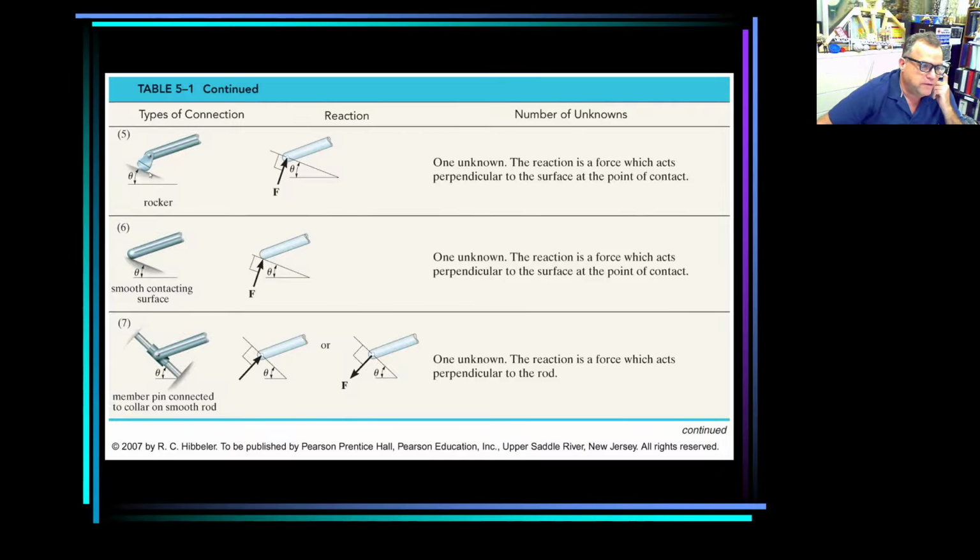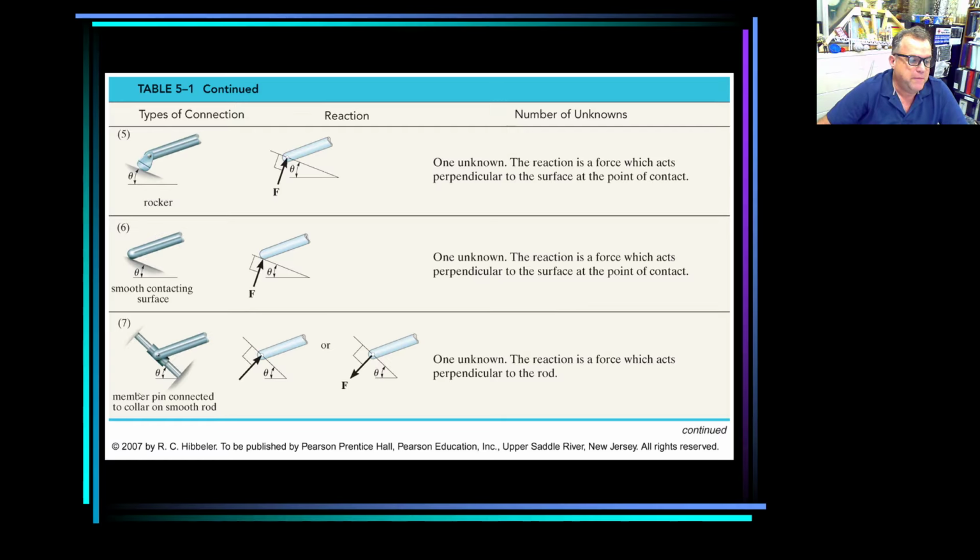Now a rocker is like the second cousin of the roller. It's a roller, smooth contacting surface, same thing. It's like the third cousin of the roller. Finally, what we are interested in is the type of movement that is prevented, and it's only one perpendicular.